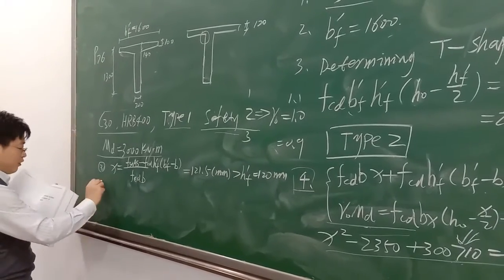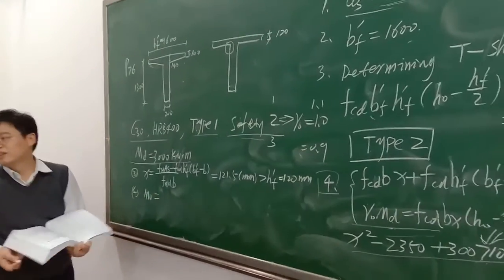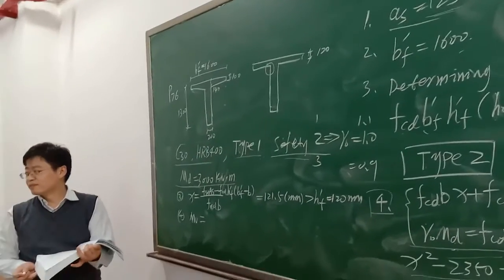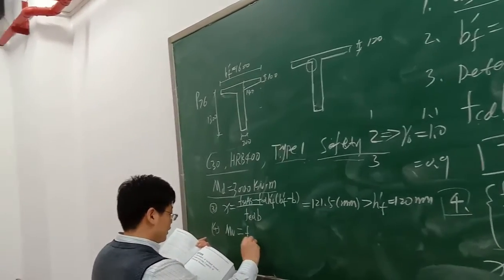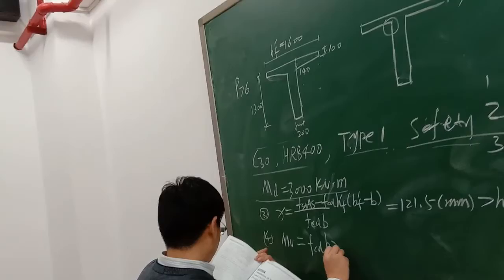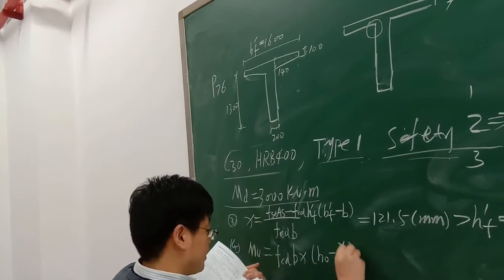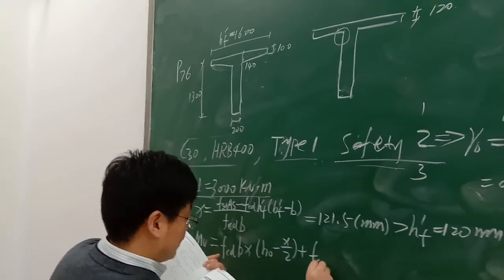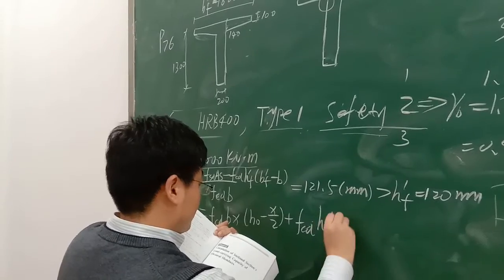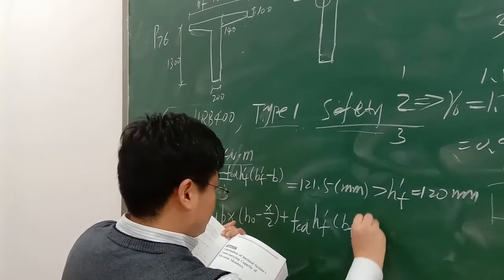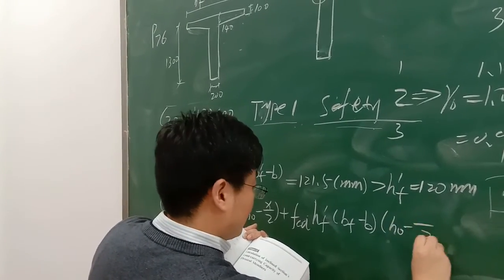Then the fourth step, calculating MU, the loading capacity. MU is equal to FCD B X (H0 minus half X), plus FCD (BF prime minus B) HF prime (H0 minus half HF prime).